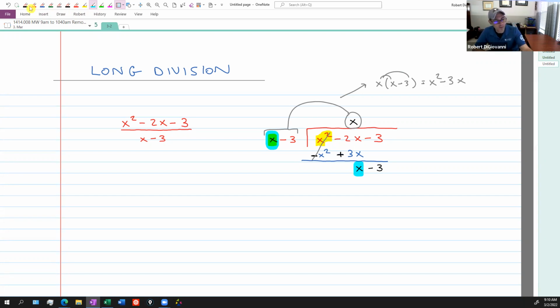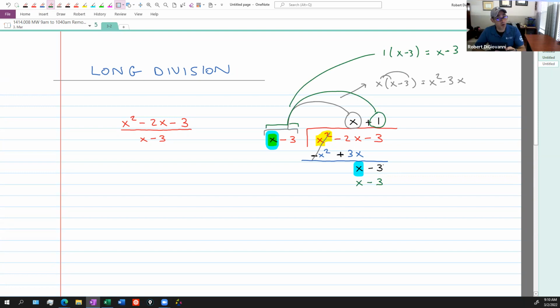So what I'm going to put up here is plus 1. And now I play the same game. I take this positive 1 and multiply it times this again. That would mean I do 1 times x minus 3, which just gives you x minus 3. That's what I'm going to put below this.